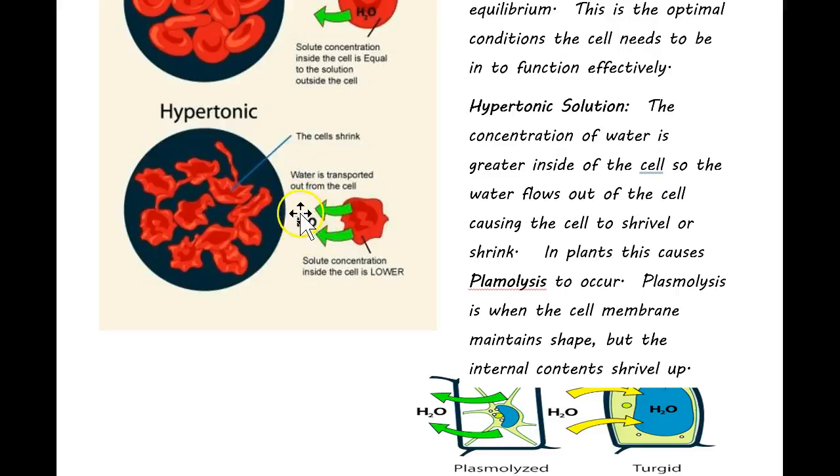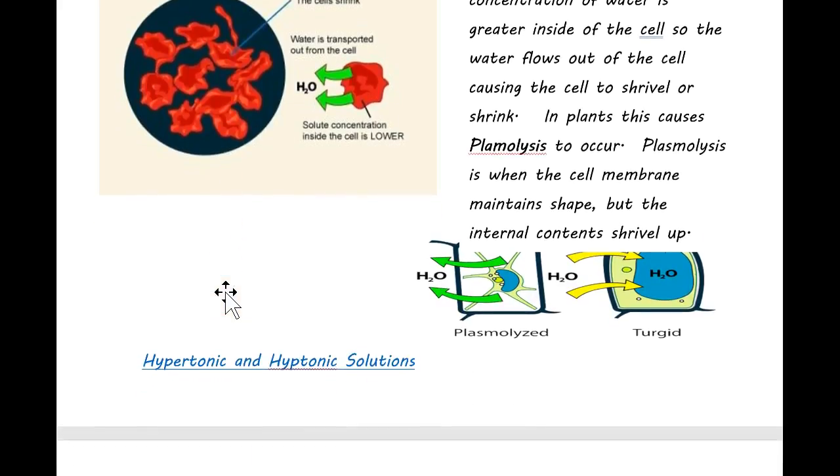So the cell is going to lose the water and it's going to shrivel up and shrink. And that's a hypertonic solution. It flows out. And we can see that these blood cells are shriveling and shrinking, like letting the air out of a balloon.